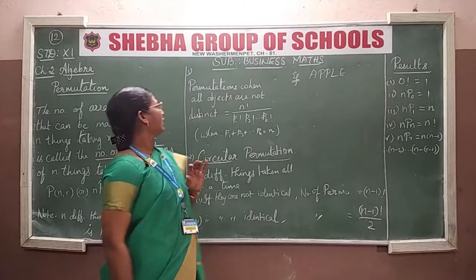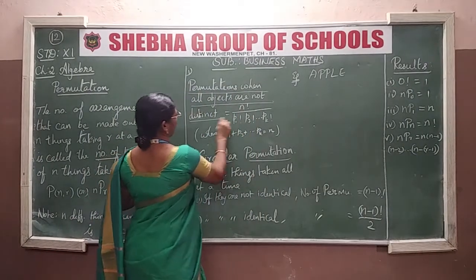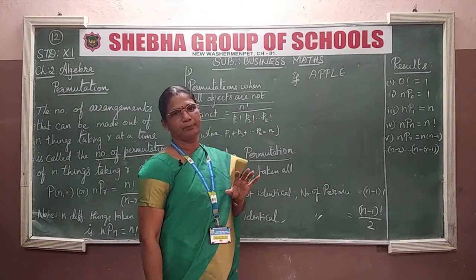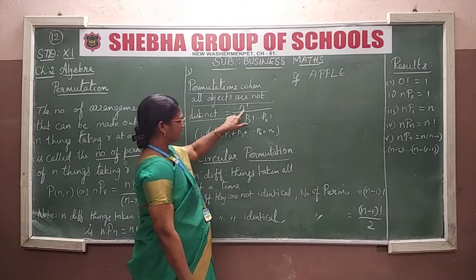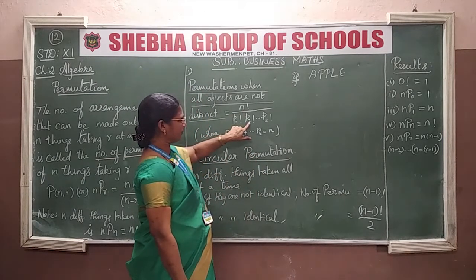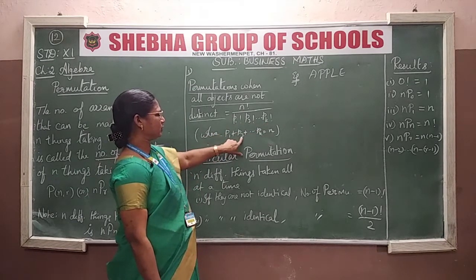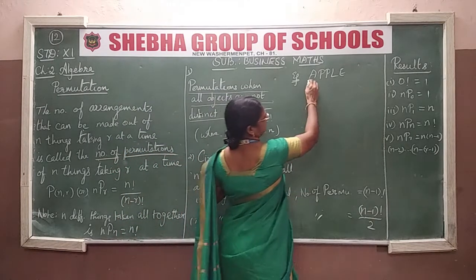And listen, next one is, suppose the objects in the permutation are not all distinct. For example, taking one word, apple: a, pp, l, e. Its number of permutations is n factorial by p1 factorial, p2 factorial, and so on up to pk factorial, where p1 plus p2 plus and so on up to pk is n. For example, take this word.